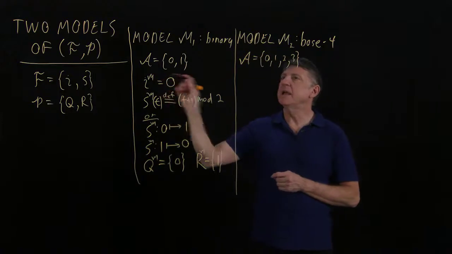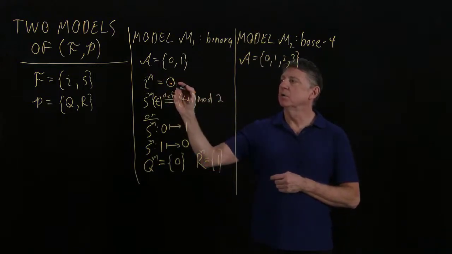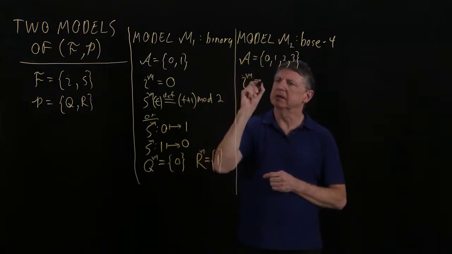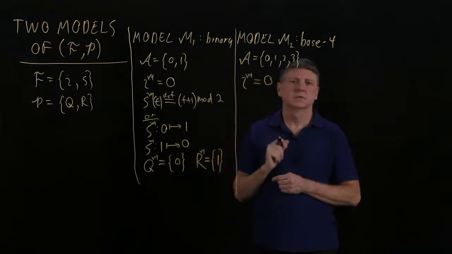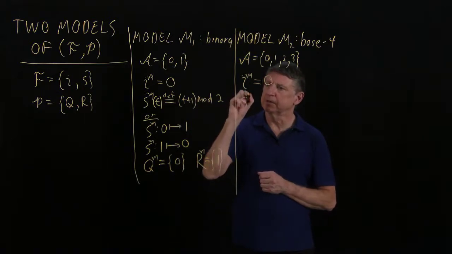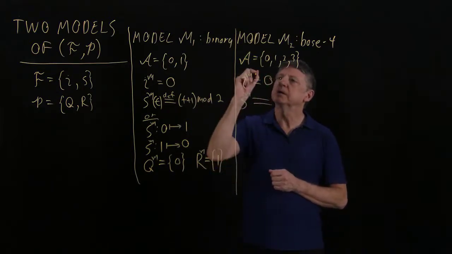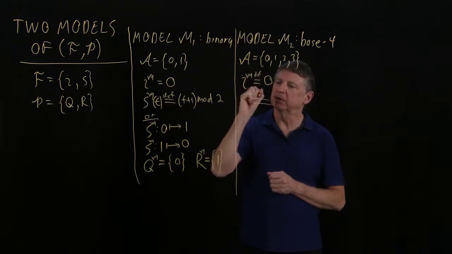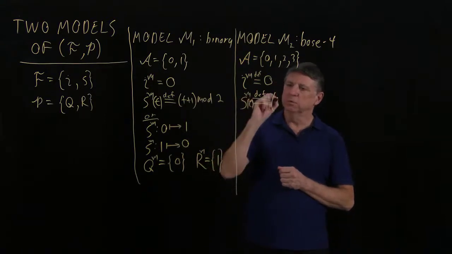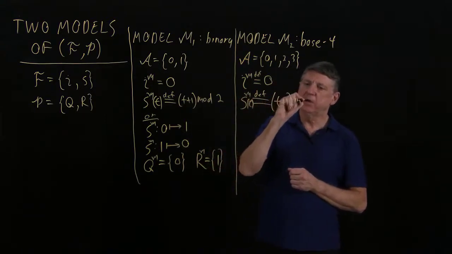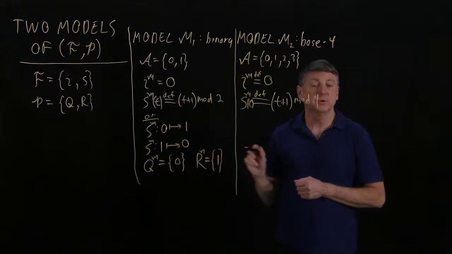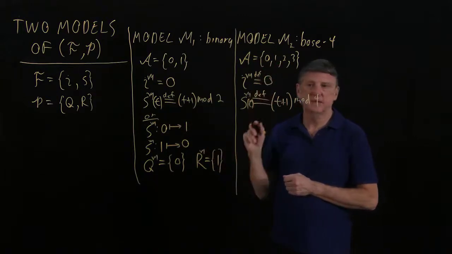Let's suppose that the index function gives us 0. And let's suppose that the successor function is defined here. So now S of a term will take the term plus 1, and now this will be modulo 4. And if we wanted to, we could also enumerate these because the set is small and finite.